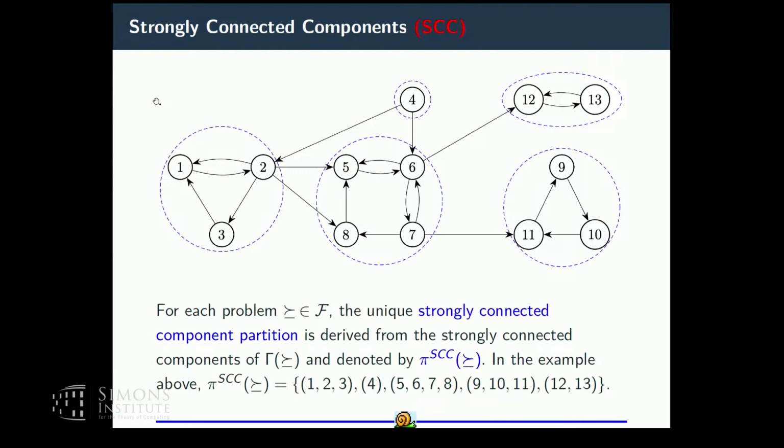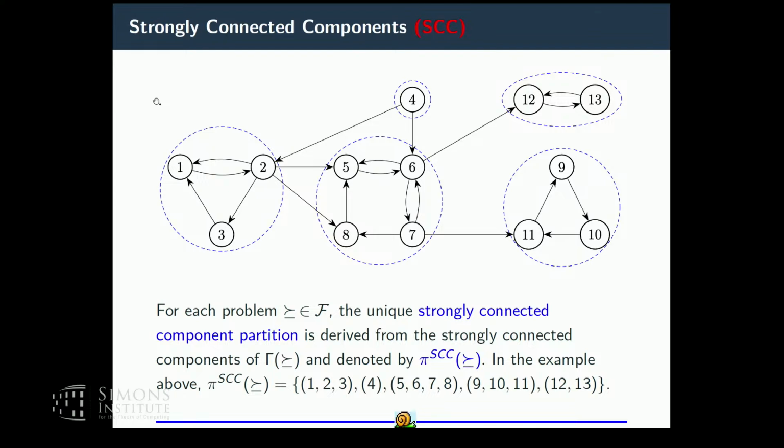So here in the graph, I of course already marked them. This is a strongly connected component. This is one. So the dotted blue area, the nodes that are encircled by the blue cycles are strongly connected components. Now, those are sets of agents. Hence, a decomposition of a graph into strongly connected components induces a partition of agents.